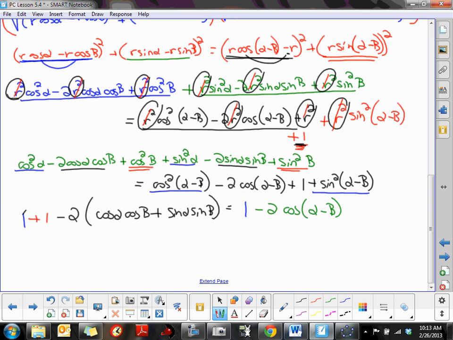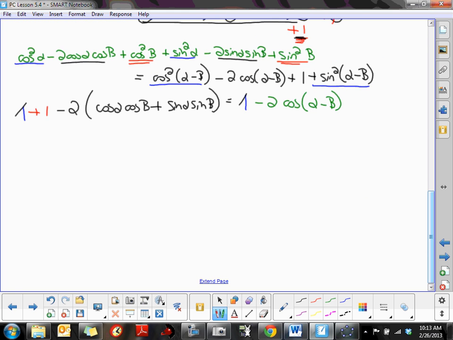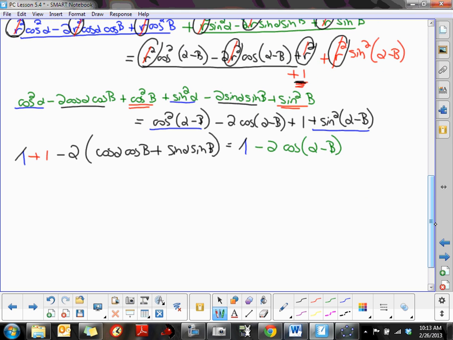If we subtracted 1 from both sides, that 1 and that 1 could be eliminated. And then we would have the resulting equation of 1 minus 2 times the cosine of alpha cosine of beta plus sine of alpha sine of beta equals a negative 2 cosine of alpha minus beta.